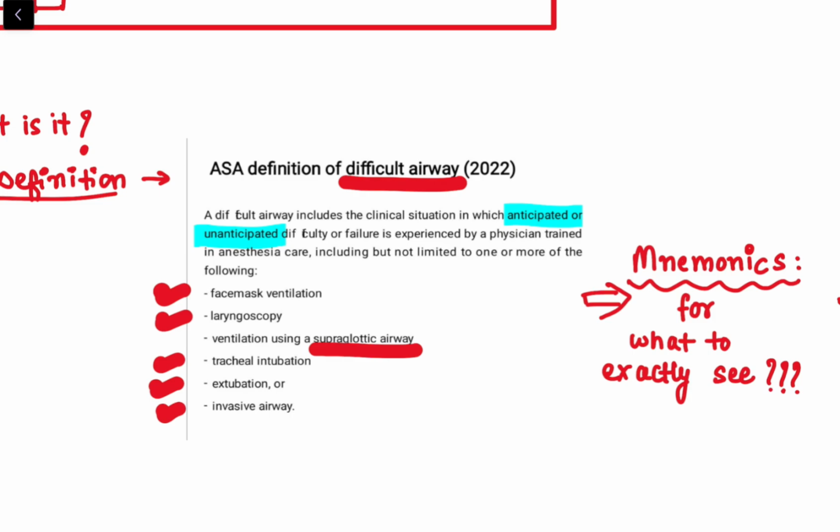This is exactly the sequence a person has to undergo, starting from face mask ventilation till, in a cannot intubate, cannot ventilate situation, they have to undergo invasive airway. So every single step, if there is a difficulty, whether anticipated or unanticipated, is a difficult airway.